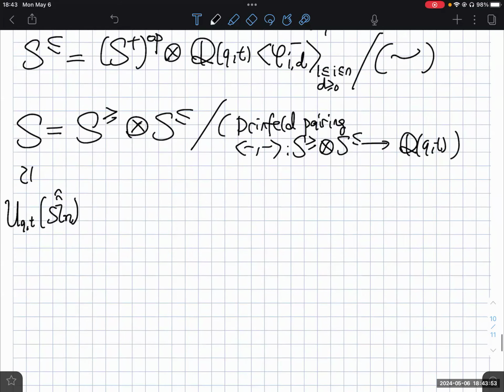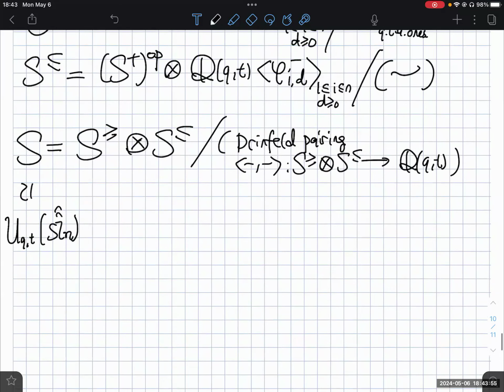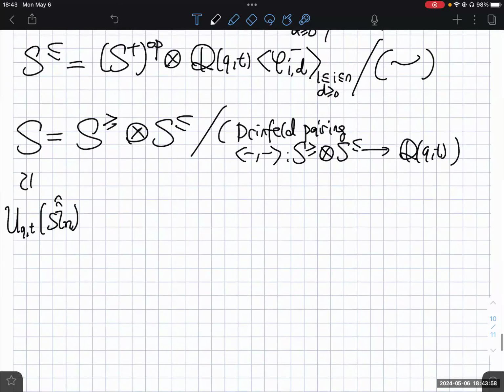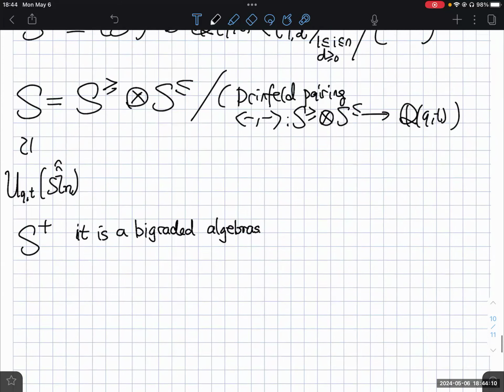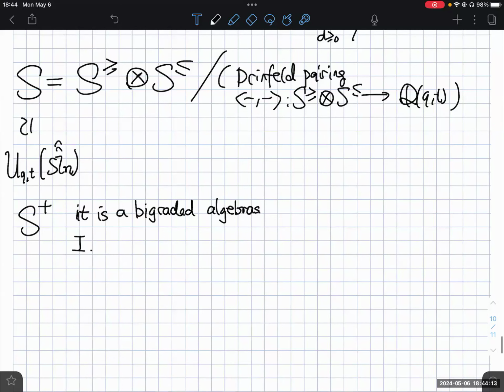And there are some other things that maybe I need to mention that are really useful in the computation. So for example, if I take this S plus, it is a bigraded algebra. One of the gradations is given by the number of the variables, say the colored variables.